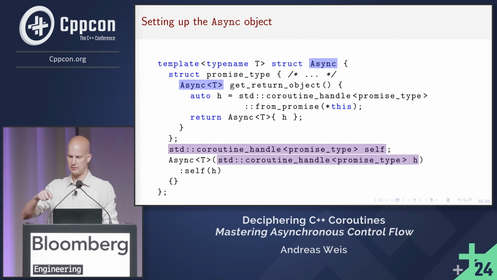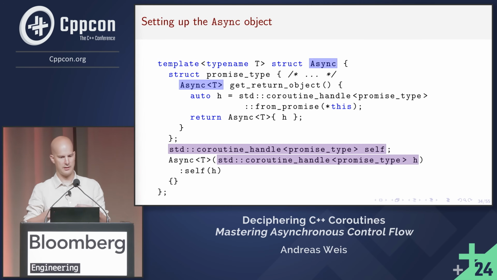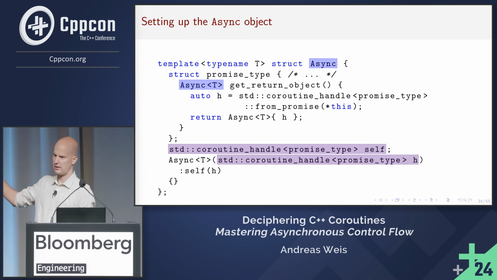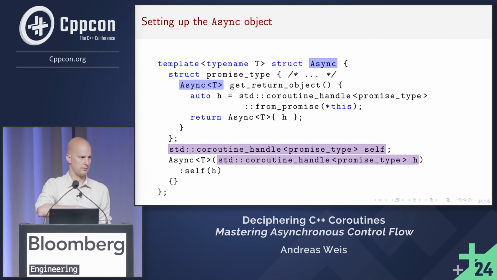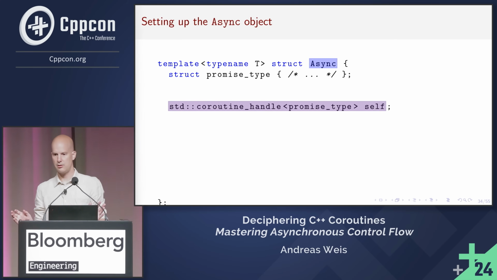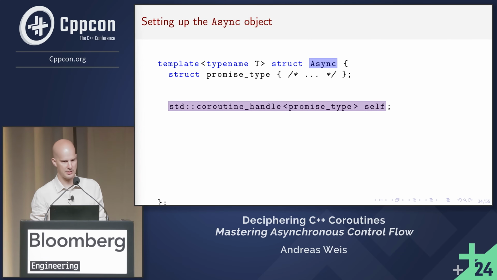And this is now the handle to the inner function, right? So the inner function creates this async object that it hands back to the outer function, and it saves in there a handle to the inner function. And this is really all there is to the return object. This is exactly the same as what we've seen before.